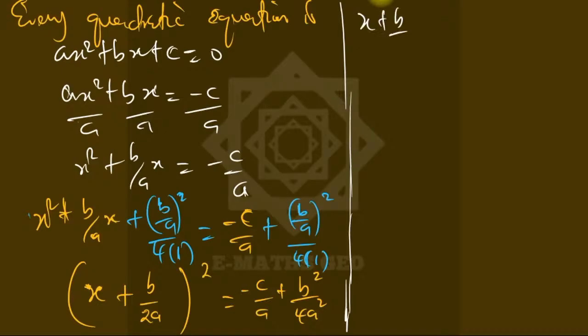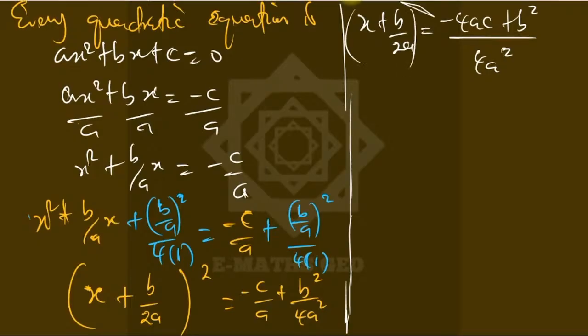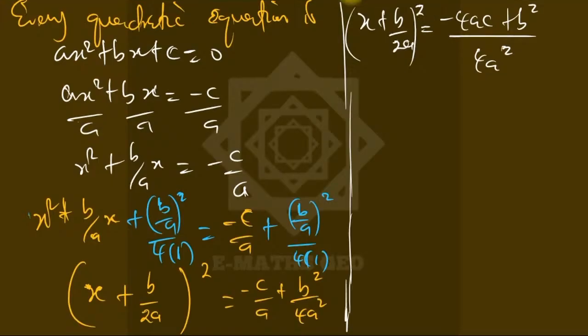Now, the first thing I have to do when we're looking for x is to move the square. Meanwhile, on the right-hand side, the LCM is 4a squared. So I have minus 4ac, and I have plus b squared. So next is to solve for x.